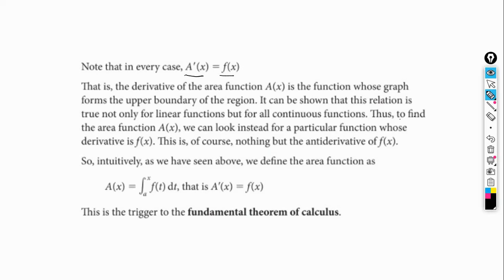So in general, what this means is the following. If we have a curve that is continuous, so let's make a curve that is continuous here, and we find the area under that curve from a to a value x, and this curve is f of x here.